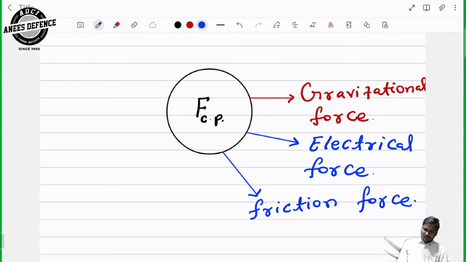Just consider a circular track, a turning, and some vehicle is moving through the turn. In that case, friction force is nothing but centripetal force, right? Sometimes centripetal force may be tension.